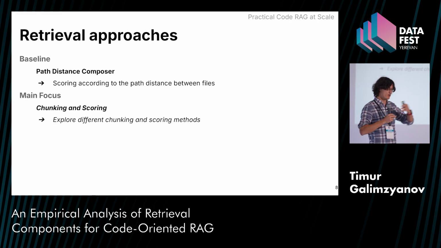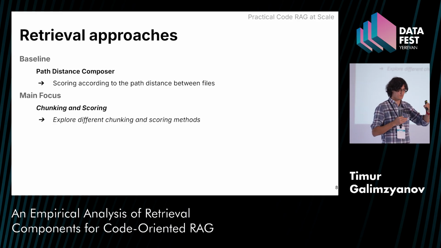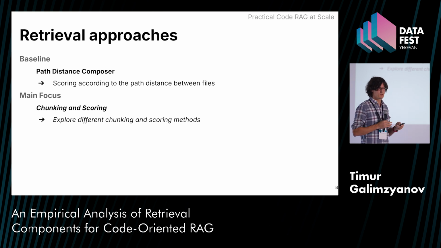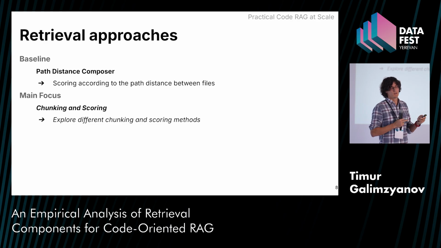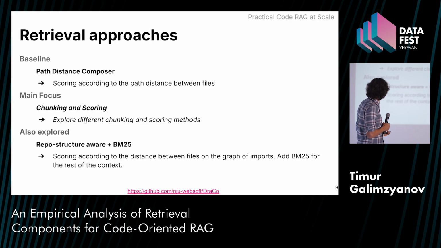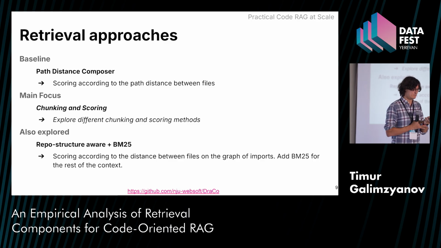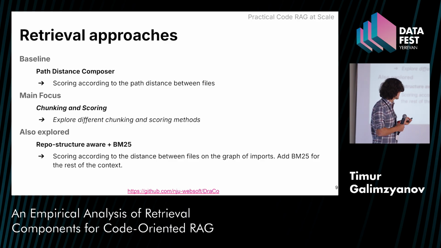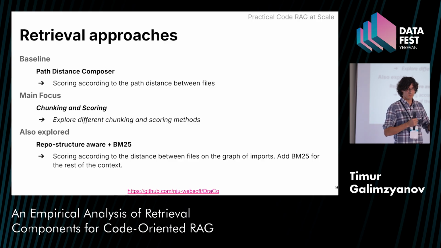You can chunk your files into some chunks, then score the similarity of the prefix or the issue, and use these chunks to create the context. Also, we explored repo structure-aware approaches, which use data flow graphs or the structure of imports to deduce the closeness of the files.